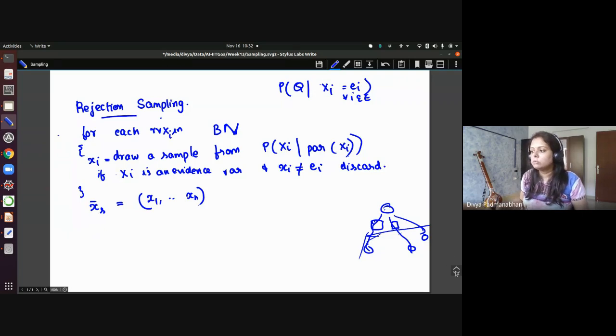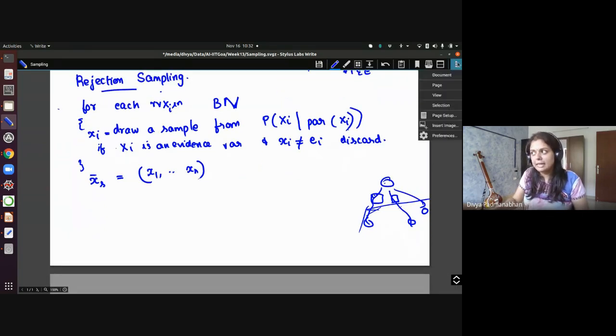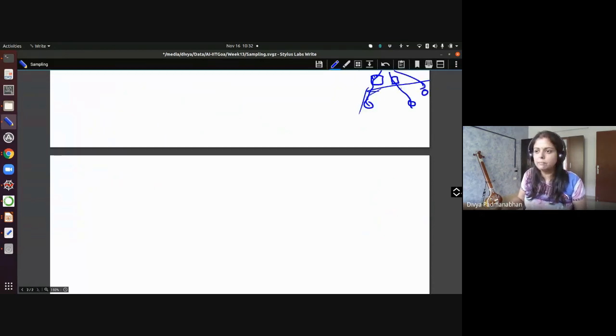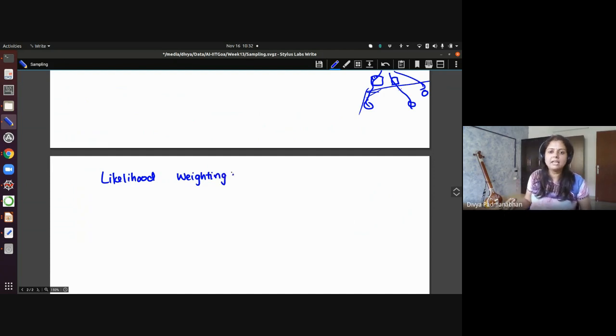So that brings me to the next approach, which is called likelihood weighting. What you suggest with likelihood weighting is just don't reject the sample. Once you see that it doesn't match your evidence, you still keep it.